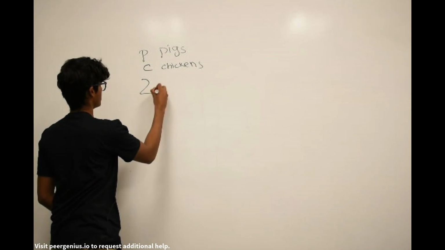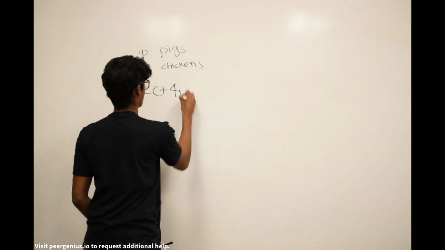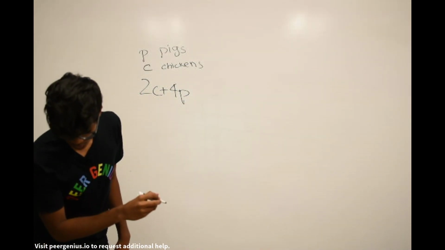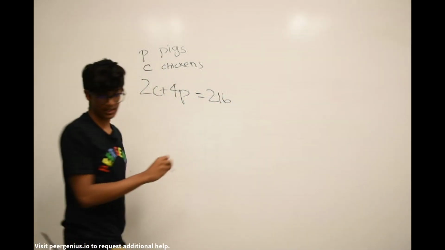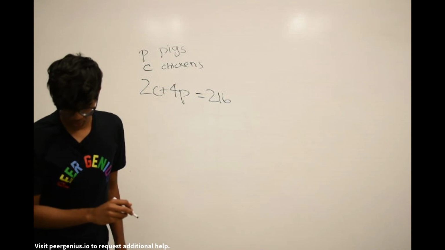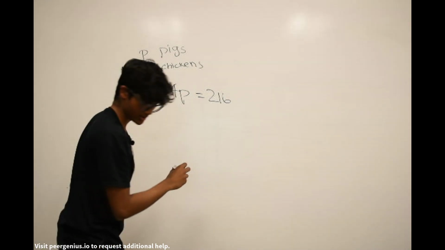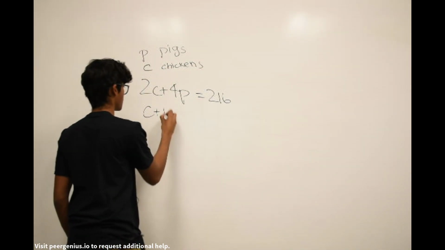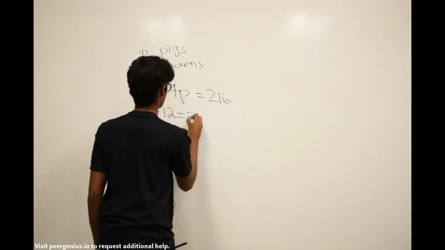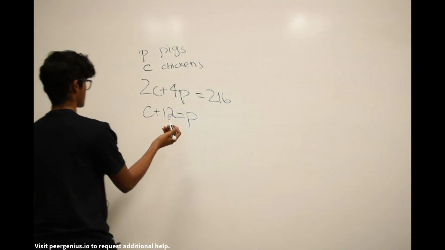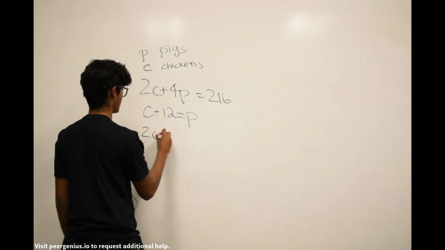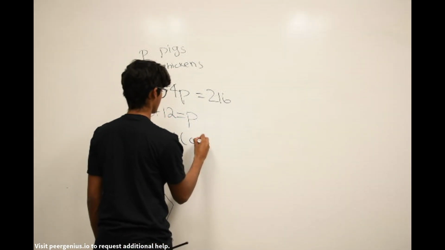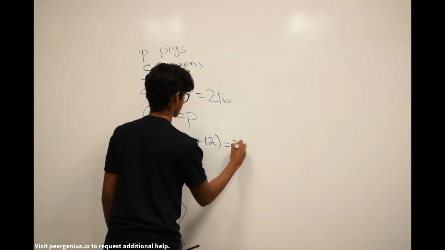So 2C plus 4P should equal 216. And you also have the equation that there are 12 more pigs than chickens, which means C plus 12 equals P. So now you can just substitute in P. So you get 2C plus 4 times (C plus 12) equals 216.